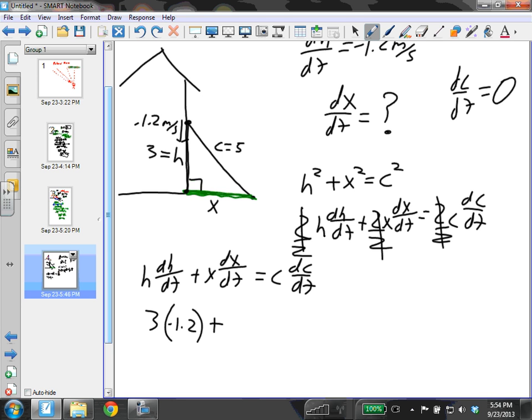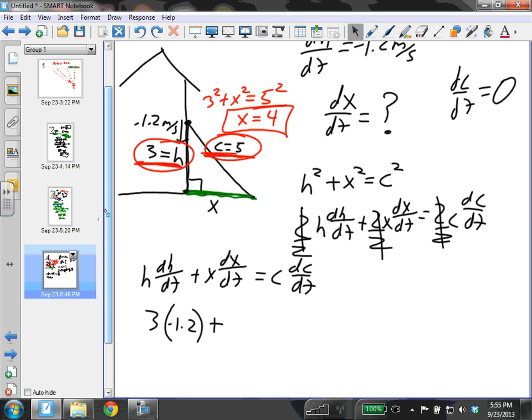But we can go back to the information that we were given from the beginning, that h is 3 at this point and c is 5, and we can use the Pythagorean theorem and say that 3 squared plus x squared should equal c squared, and c is 5, right? So this should equal 5 squared. You may or may not recognize this right now as a 3, 4, 5 triangle, a special right triangle, so that if you use the Pythagorean theorem, while you knew h and you knew c, you can find x to be 4.